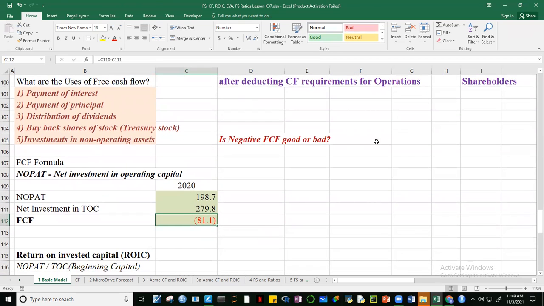A negative free cash flow does not automatically mean that the company did not generate enough free cash flow. Here in this case, we say that the negative free cash flow is borne out by the company heavily investing in its operating assets. And that's needed, guys, in order to support its sales. Imagine if the company does not invest in inventories, or invest in receivables, which means it does not give credit terms.